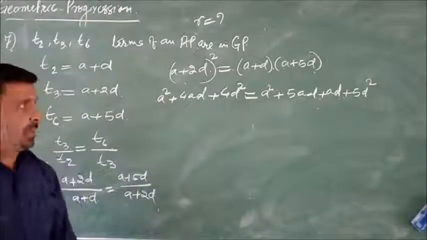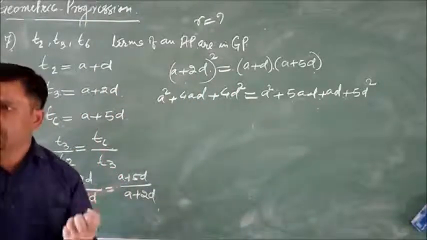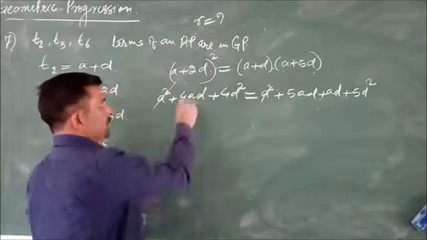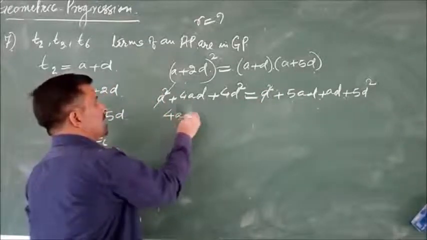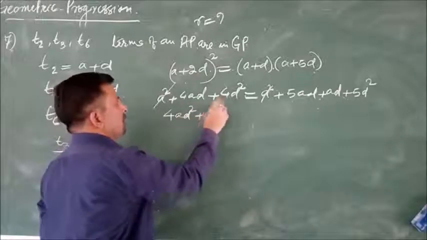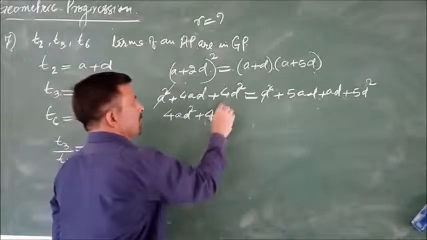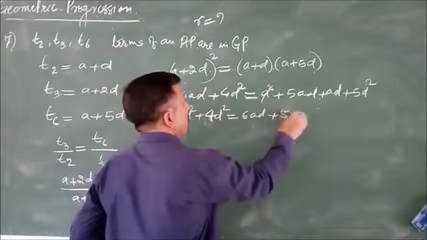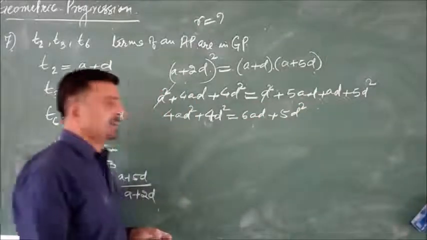We have some like terms, but before collecting them, A square cancels. Now this side we have 4AD plus 4D square is equal to 6AD plus 5D square.